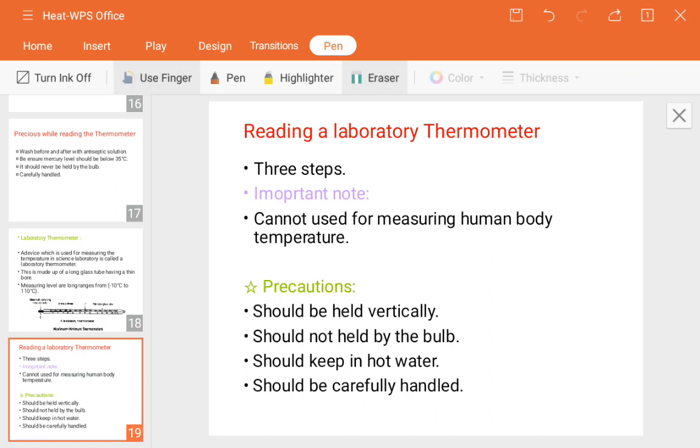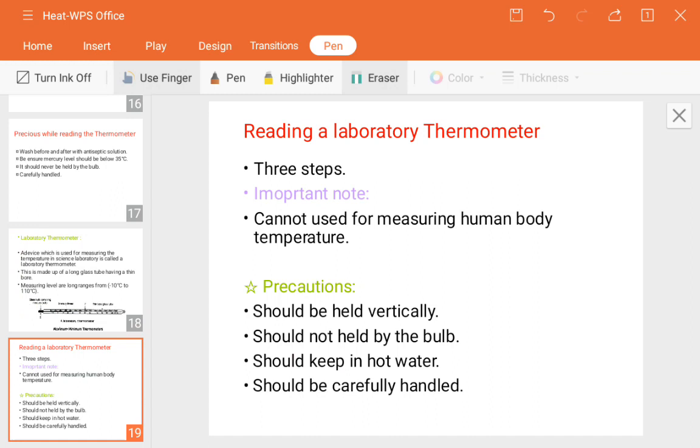After measuring that solution, you can hold that thermometer by keeping it in another boiled water, so the reading will remain as it is. It will not fluctuate, and no difference will occur. So you can do it this way also. You should keep it in hot water only. Next, it should be carefully handled. You should always handle it very carefully.